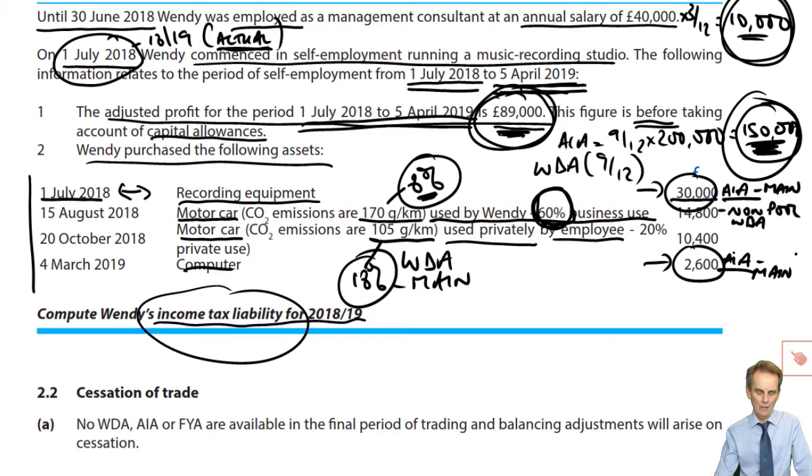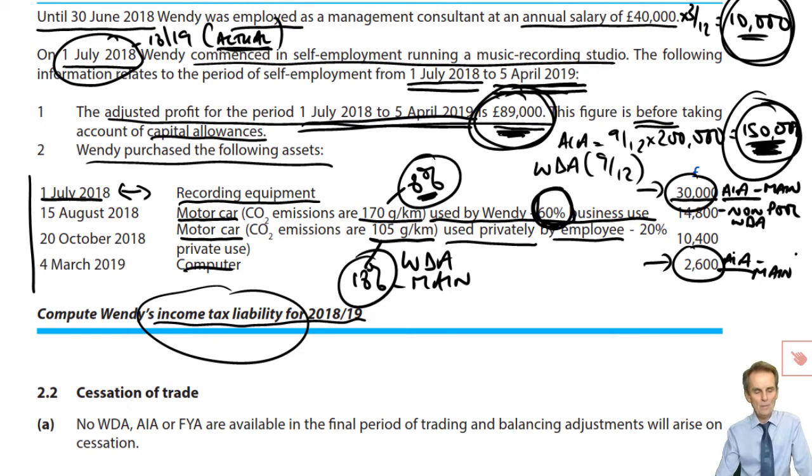Nothing to go into either pool. We then have other additions that rank for WDA. Both of them are cars. One, the one with private use by the proprietor, Wendy, must have its own special car column, again indicating the extent of business use, 60% business use there. The other car, given its CO2 emissions, will be allocated to the main pool.